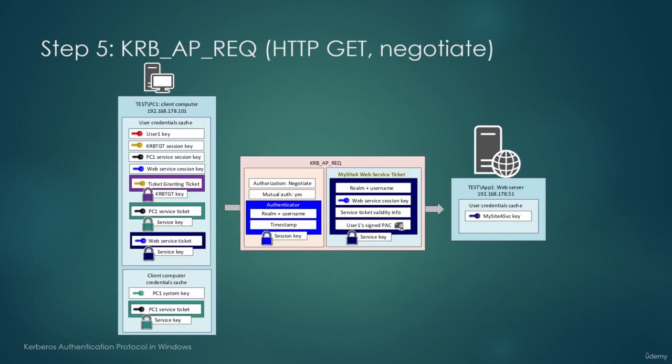The user receives the response from KDC TGS, uses its copy of the KDC session key to decrypt its copy of the web service session key, and stores it in its credential cache, together with the web service ticket. The user then creates a new authenticator encrypted with the web service session key, and sends it together with the service ticket to App1 web server as an application authentication request.